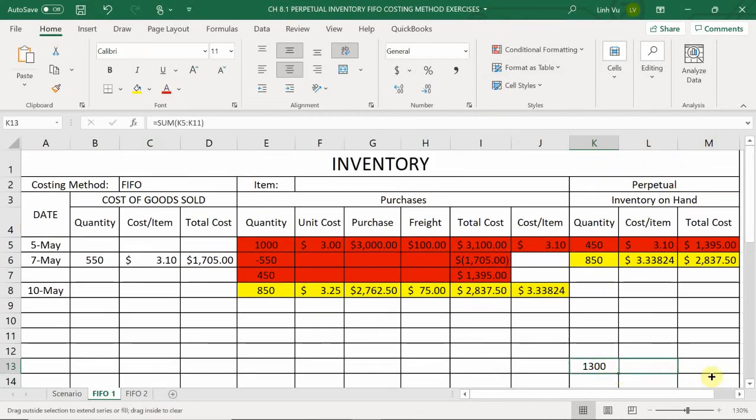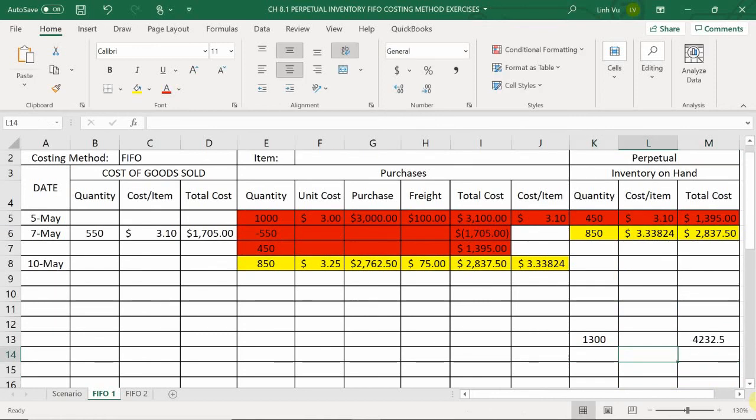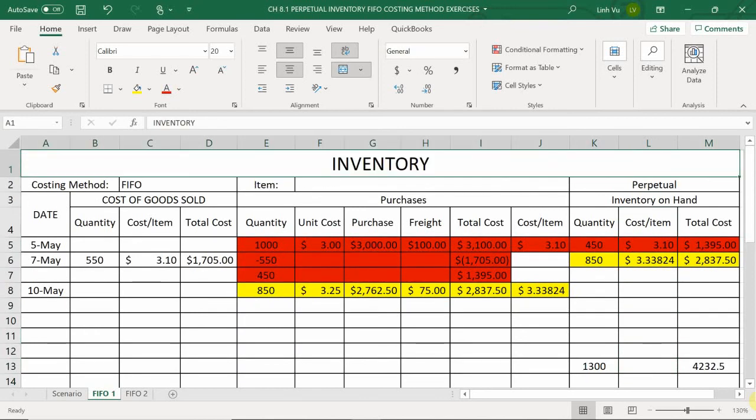In this case, I have total goods available of 1,300 units at a total cost of $4,232.50. So this is your goods available, and that's what I was talking about, right? You take quantity of one plus quantity of two to get your total goods available.